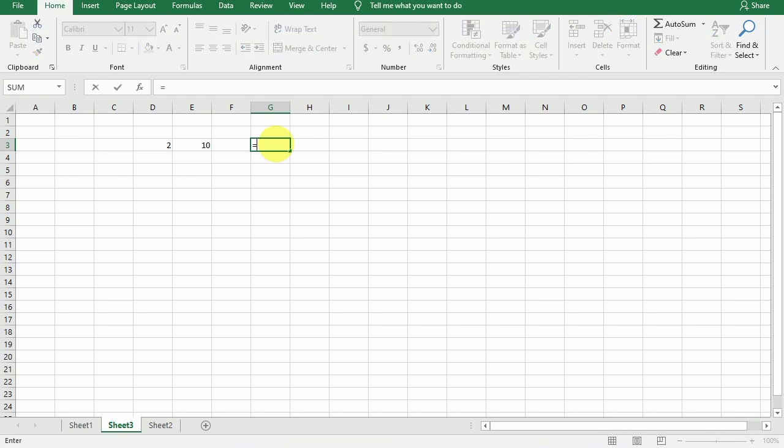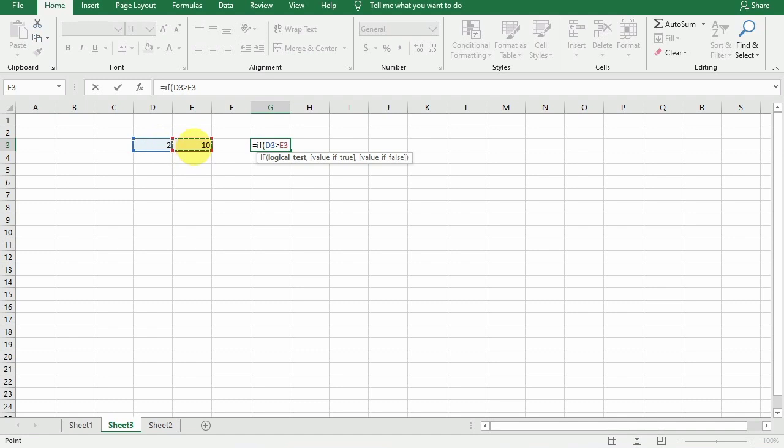Now remember, in Excel, before you do anything, make sure you put your equal to sign. Equals to IF bracket. Now look at the cells I'm dealing with. This is E3 and D3. So if D3 is greater than, I use my greater than sign, E3.